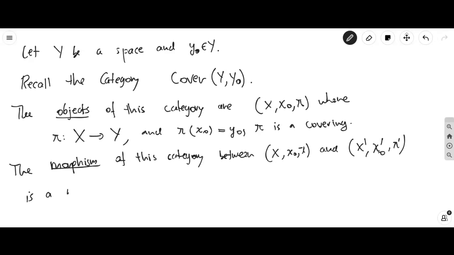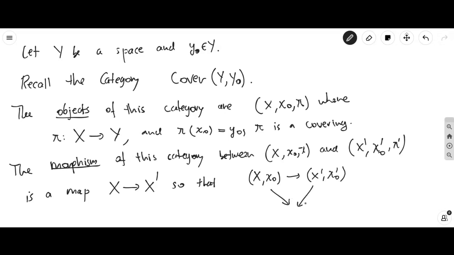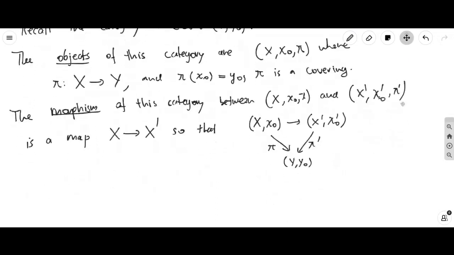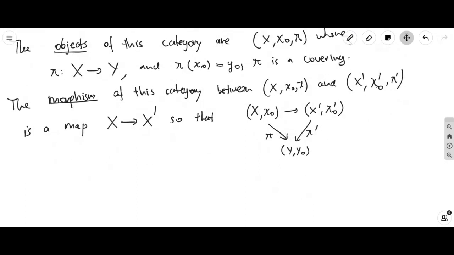A morphism is a continuous map, let's not even give it a name, from X to X prime, so that the following diagram commutes. x0 gets mapped to x0 prime. But X and X prime are both coverings of this space that we picked in the beginning. So that would be a morphism in this category.